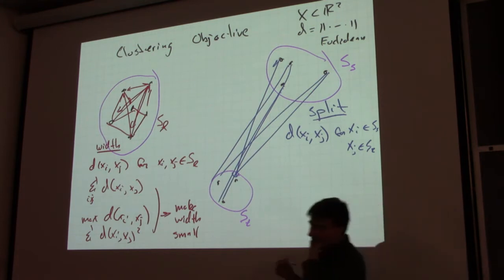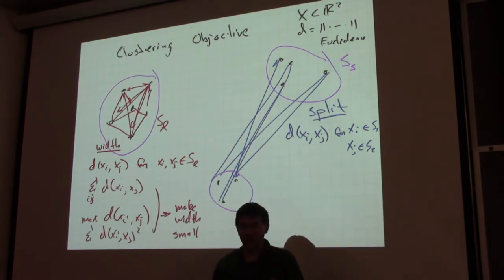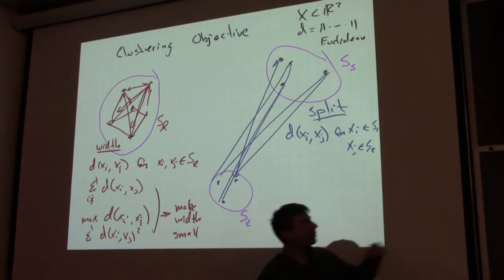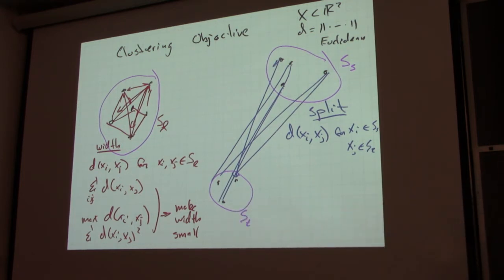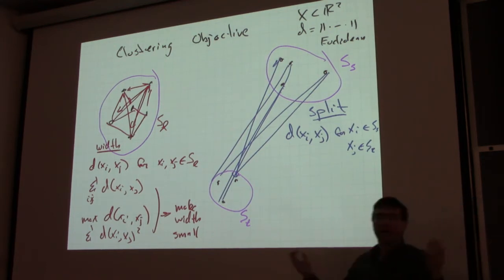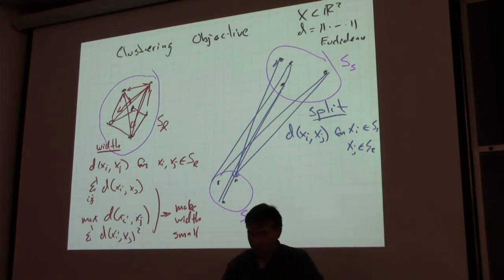And I want to think about this for all of the pairs of clusters. So within any one cluster, or all of the clusters, or all but a few of the clusters, I want the width to be small. And the split, I can measure for all pairs of the clusters. Again, it can be the sum of the splits or the max of the splits.